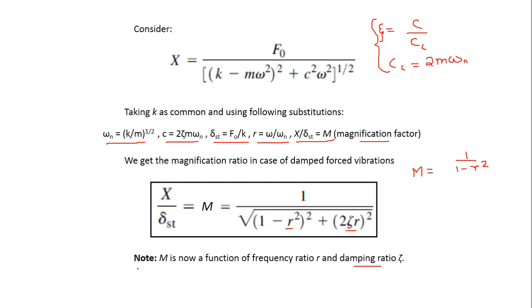So now the magnitude of forced vibration or the amplitude of forced vibration depends upon the frequency ratio r and the value of zeta, and we know that zeta can assume values that can be greater than or equal to 0 and, oh sorry, it can be greater than or equal to 1.